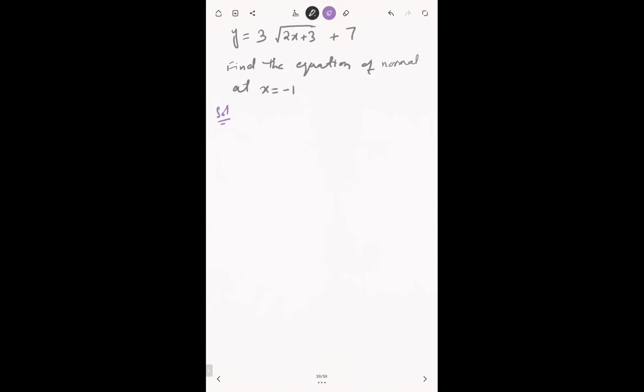To find the equation of normal, you need the gradient. So you have to differentiate. So y is equal to, I'm not differentiating in this step, 2x plus 3 whole power 1 by 2, plus 7. Under root is basically power 1 by 2. If I differentiate this, I will get dy by dx is equal to 3 by 2, 2x plus 3 whole power 1 by 2 minus 1, which is minus 1 by 2, into the derivative of the inner, which is 2, plus, what's the differentiation of 7?